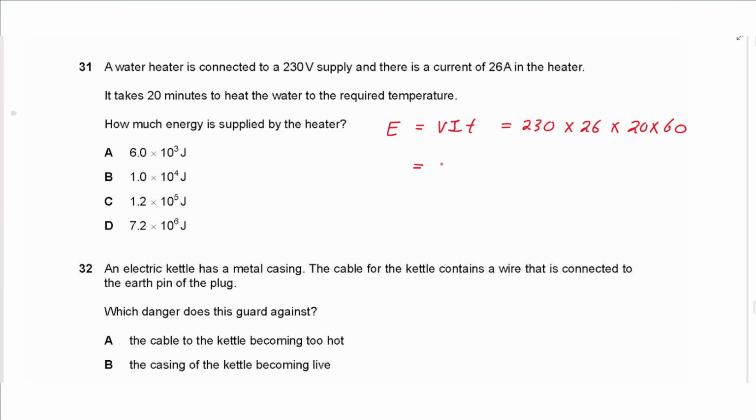That gives an answer of 7,176,000 joules. So this is 3 10 to the power of 3 and another 10 to the power of 3, so that's 10 to the power of 6. So this is approximately 7.2 times 10 to the power of 6, which we can find here. So the answer is D.